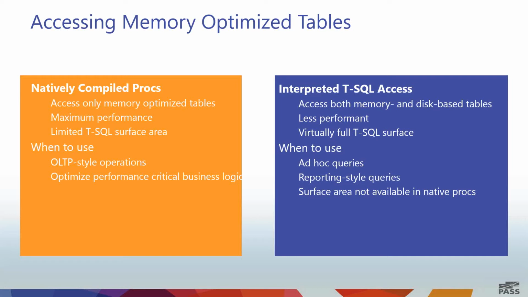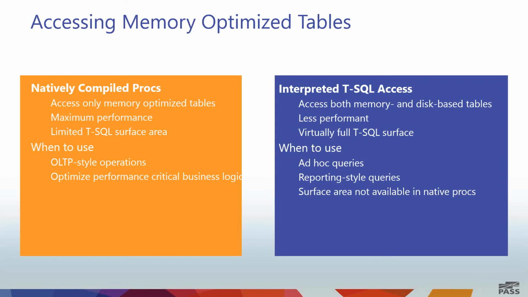You can just use those. So you'll want to use natively compiled stored procedures specifically for your OLTP style operations that are in the performance critical part of your application. Interpreted T-SQL access, you'll want to use for things like ad hoc queries and also reporting style queries, and when the query surface area you need is not available in native procs.